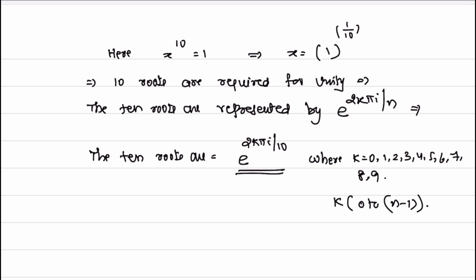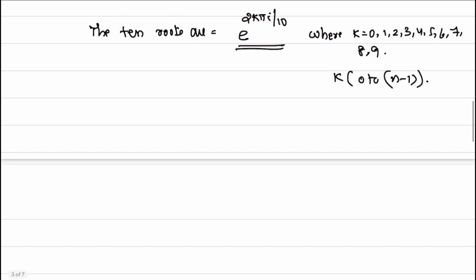But we know that e to the power of ix is equal to cos x plus i sin x.